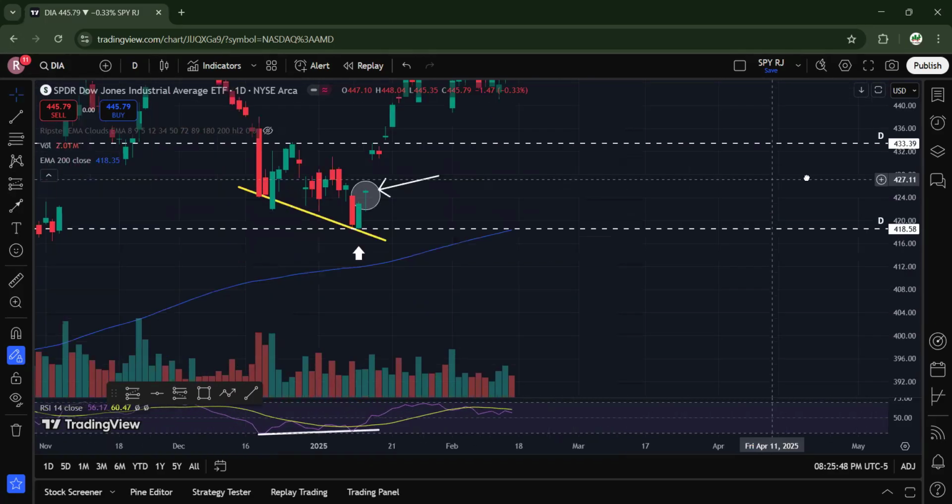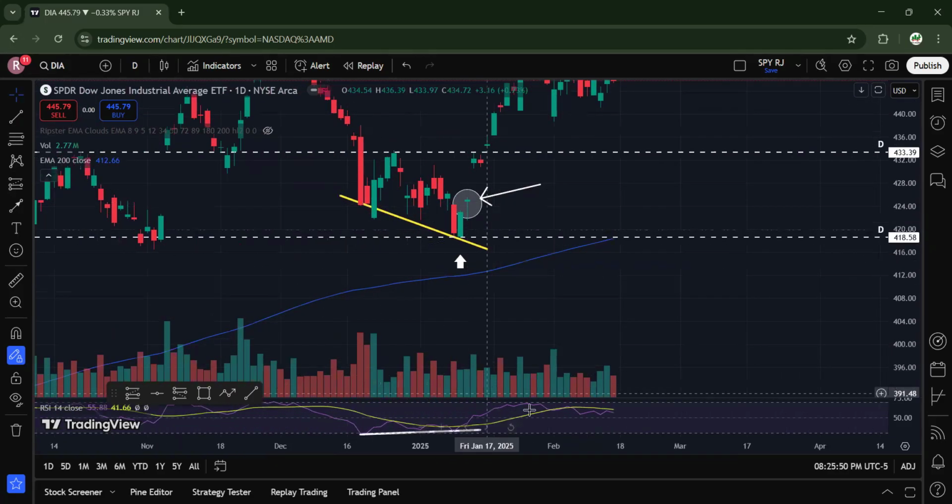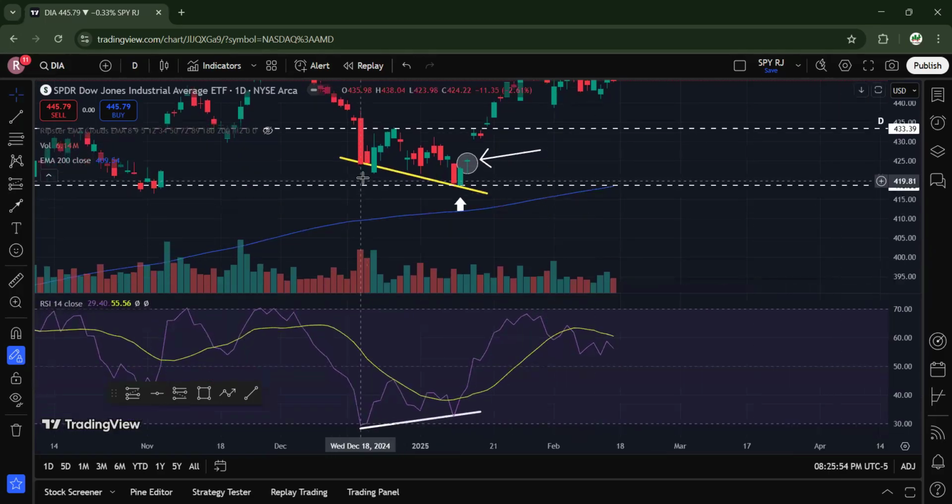All right. If you look right here on DIA, I'll make this bigger. Stock price, lower lows. RSI, higher lows. Notice what else you started getting here? It fell to a support, was strong at a support. Cool. What else did you get?